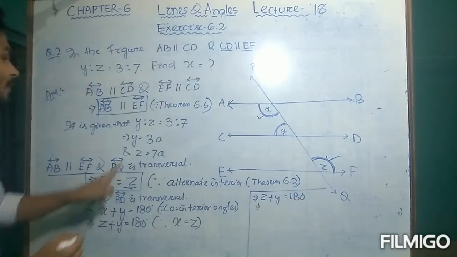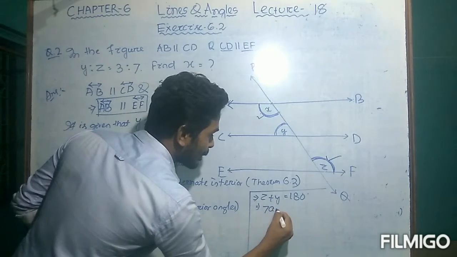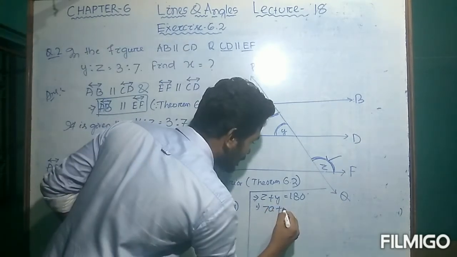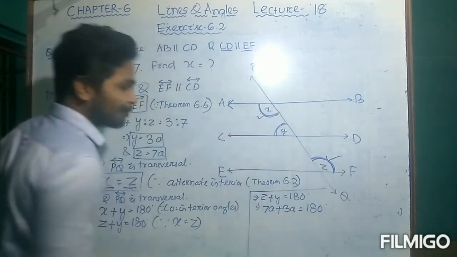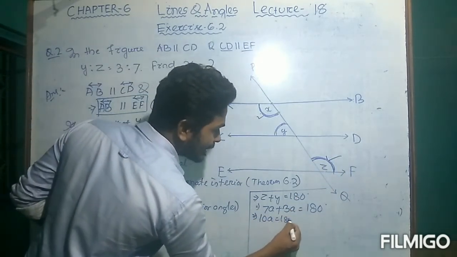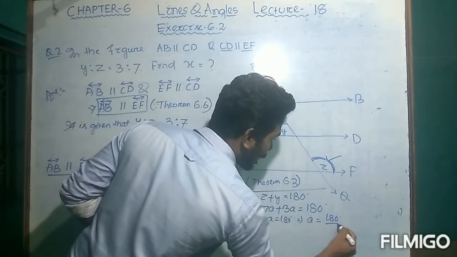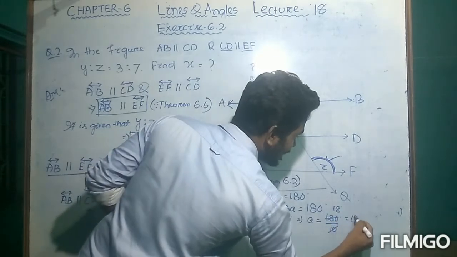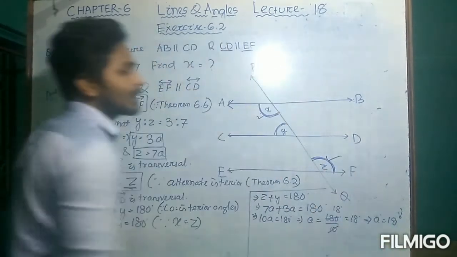Now, what is the value of z? z is equal to 7a and y is equal to 3a. We substitute the values of z and y in the equation. Now 7a plus 3a is 10a, equal to 180 degrees. Hence a is equal to 180 degrees by 10. After cancellation you get 18 degrees. Hence the value of a will be 18 degrees.